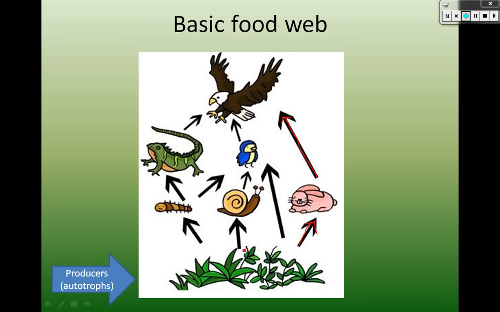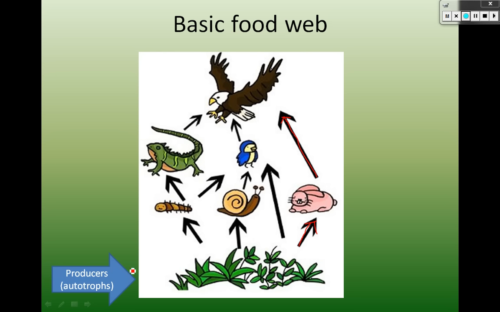All right, so down here we have our producers, which, as you remember from your notes on living organisms, are autotrophs, meaning they are making their own food. They're using energy from the sunlight to convert carbon dioxide and water into sugars, which we'll get into more details about later.